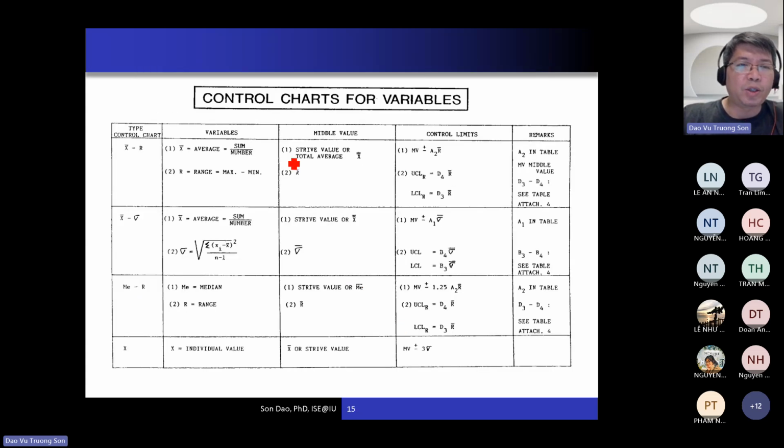And for variable control charts, here you have X bar and range, X bar and S, where S is the standard deviation, and moving range, which is the median and individual moving range. But we only focus on the first two, so that should be fine. Here is the formula for standard deviation.